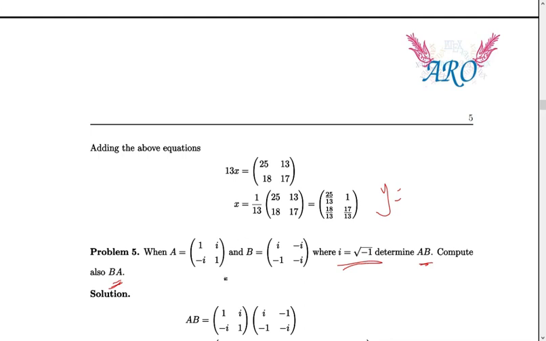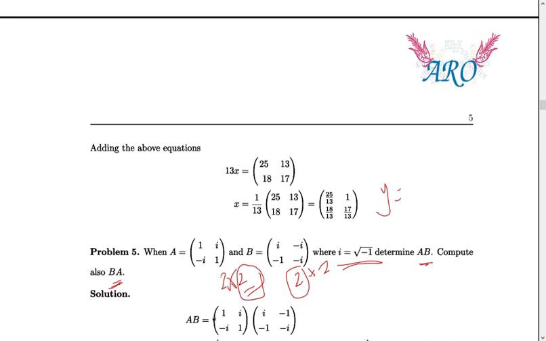For example, a 2 by 2 matrix times a 2 by 2 matrix. If that happens, only then is matrix multiplication possible. Otherwise it is not possible.